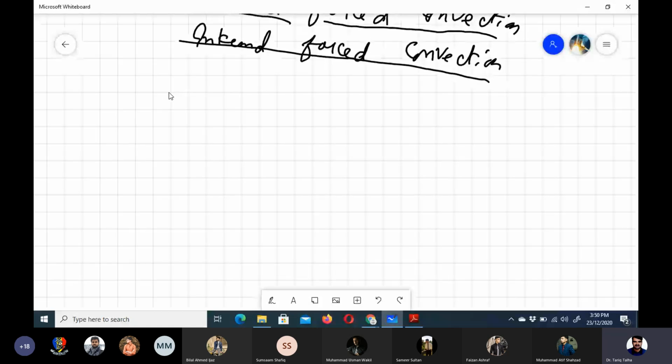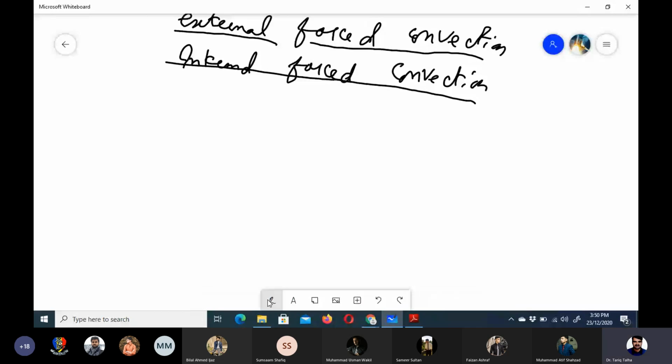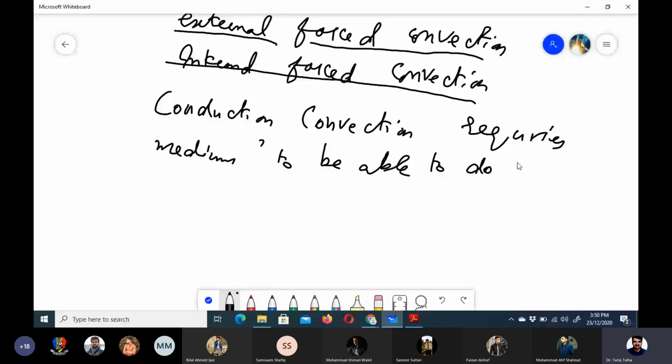As I also told you in chapter number 1, conduction and convection require a medium to be able to transfer heat, right? But there is an inherent difference between conduction and convection.